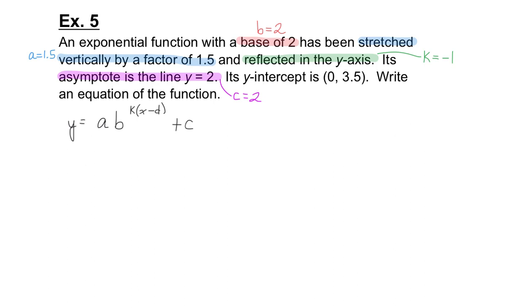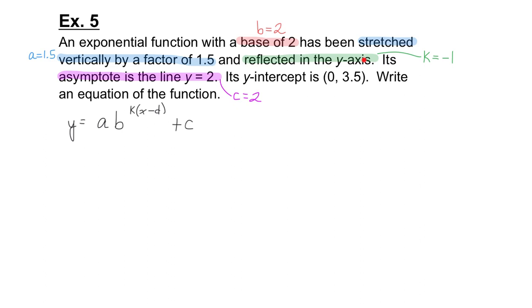So as I read through this, I highlight some stuff and relate it back to what my function should look like. It's an exponential function, so I know I'm going to have a base with a power. The base is 2, so I know b is 2. It's stretched vertically, that's your a value, by a factor of 1.5, so a is 1.5.